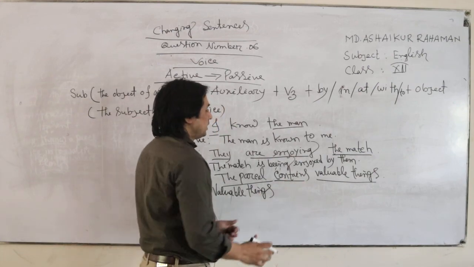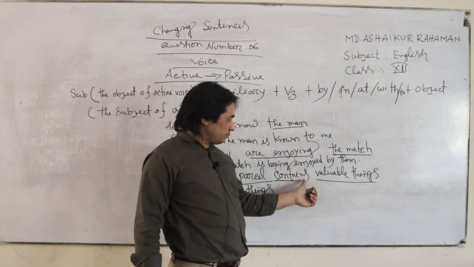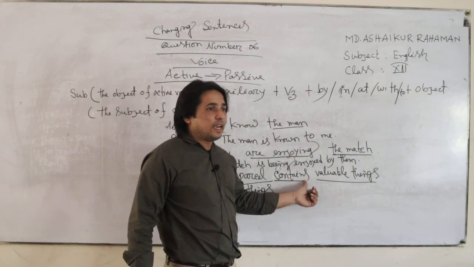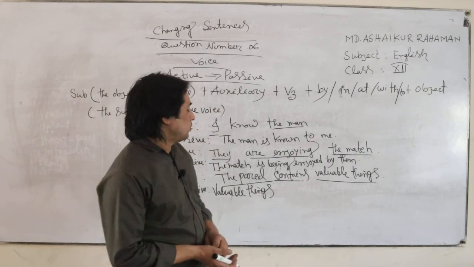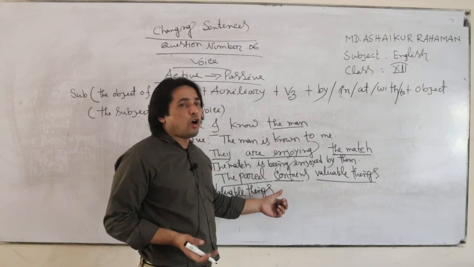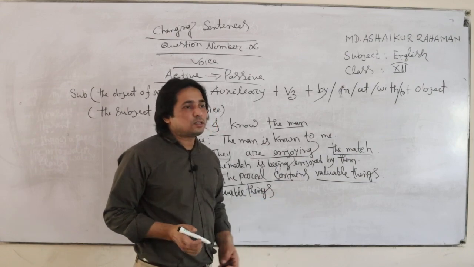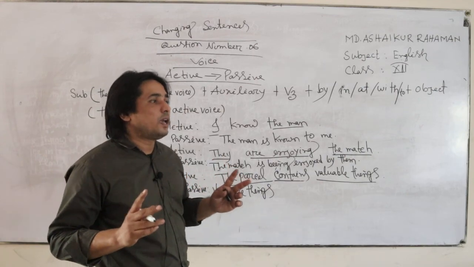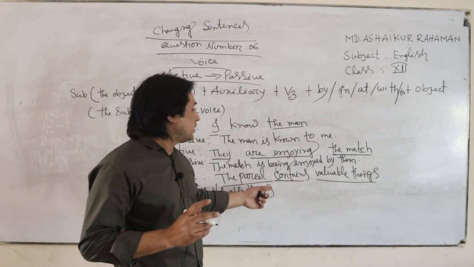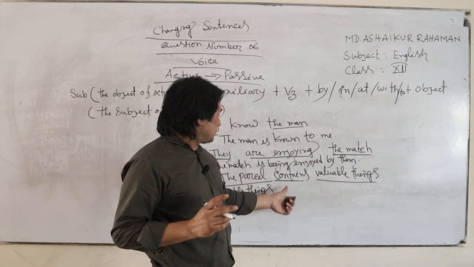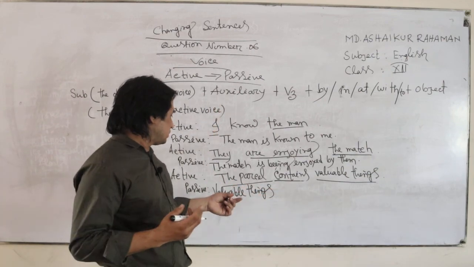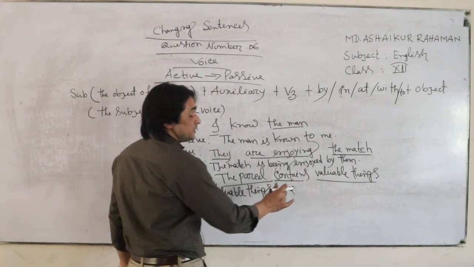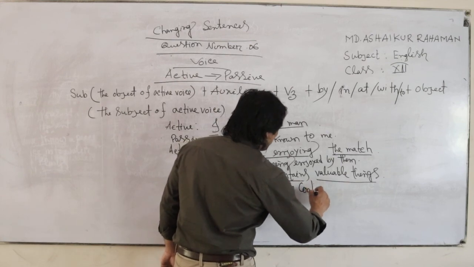Contains is in present indefinite, and the auxiliary we need to use here is am, is, or are, because when a sentence is present indefinite, we need to use am, is, or are as auxiliaries in passive form. So valuable things, plural number, that's why are. Then the third form of the verb: contained.